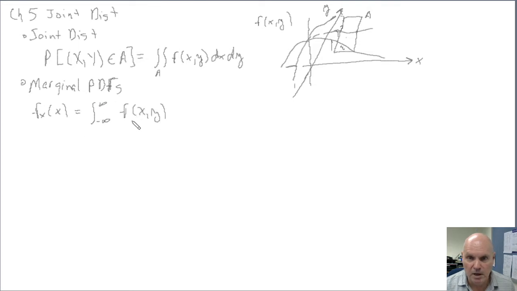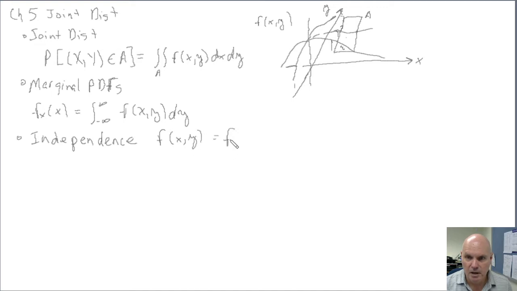So if we want the PDF of x, we integrate the joint PDF over y. Similarly, if we want the marginal PDF of y, we integrate the joint PDF over x. And then that led to this concept or definition of independence. We said that two random variables are independent if the joint PDF is the product of the marginal PDFs.